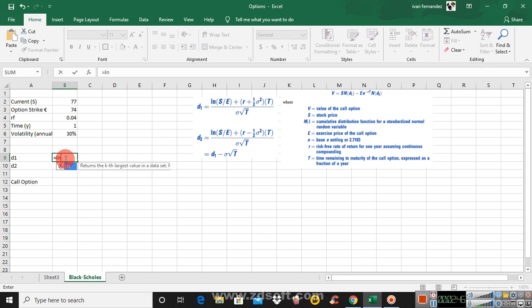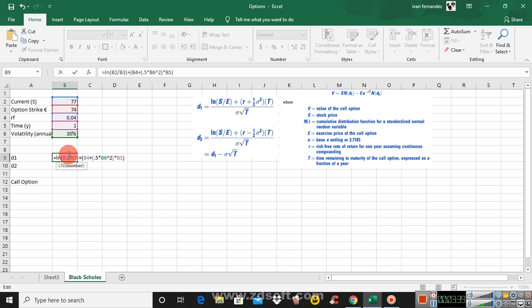The ln, the natural logarithm, of the price of the stock divided by the strike, plus, parentheses, the risk-free rate, plus, parentheses, 1/2, so I'm going to do 0.5, multiplied by the volatility squared, close parenthesis, times the time, which in this case is 1. Okay, I'm going to close the parenthesis.